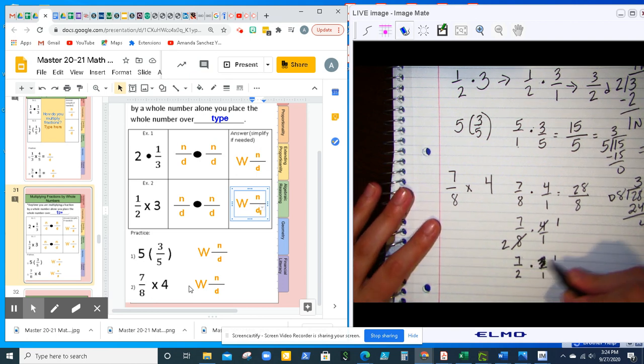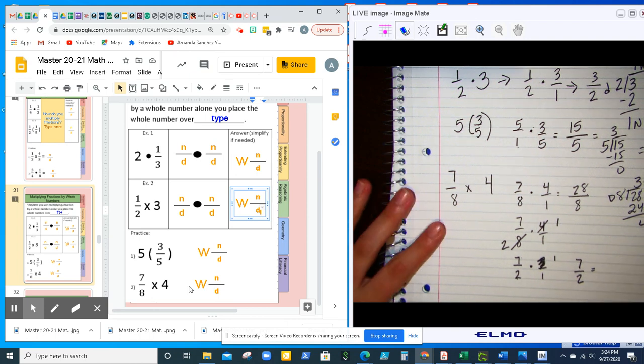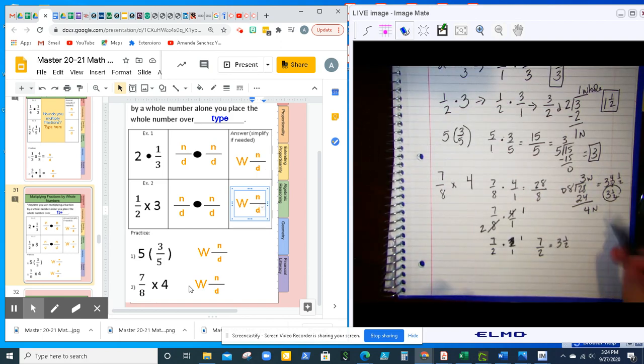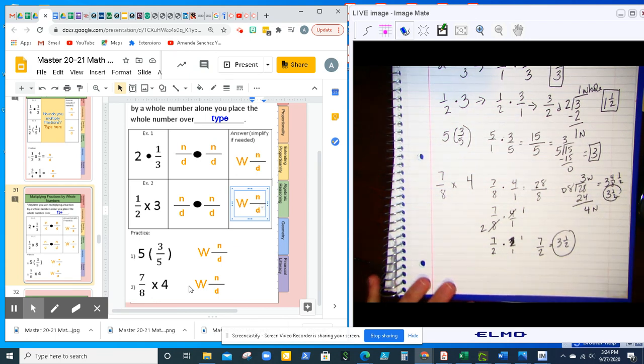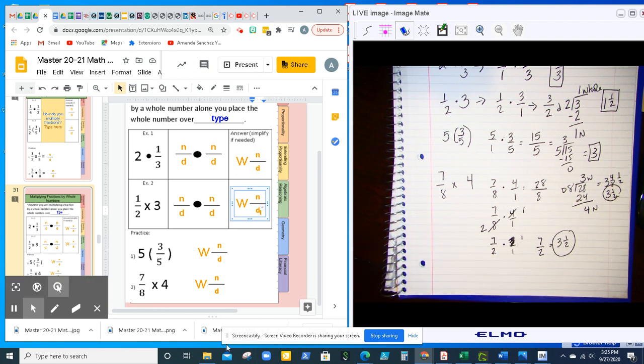So 7 times 1 is 7, and 2 times 1 is 2. And then if you simplify it, you're supposed to get the 3 and 1/2, which we had gotten before. Okay? That's another way to do these problems when you see that you can cancel while you're working. So over here, you're going to put 3 and 1/2.